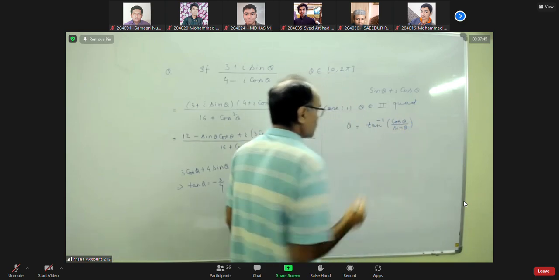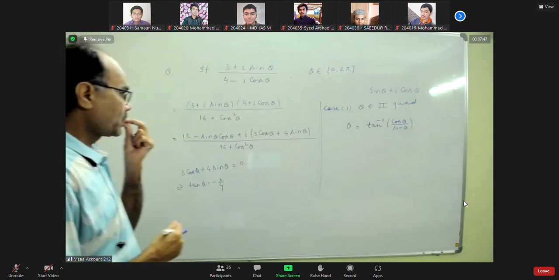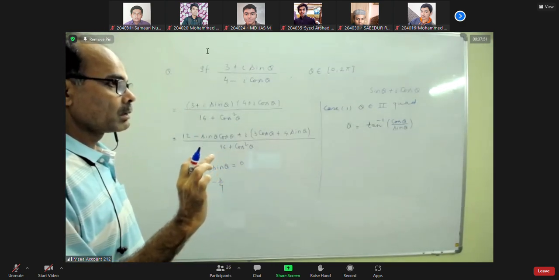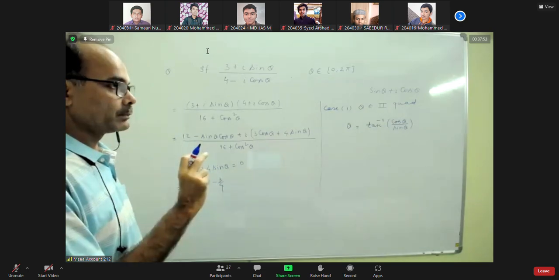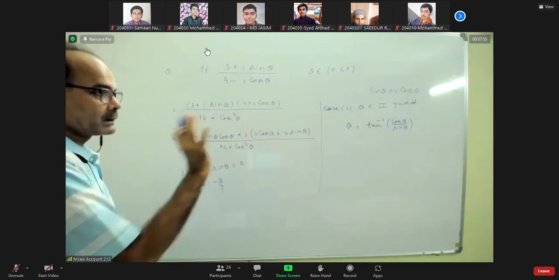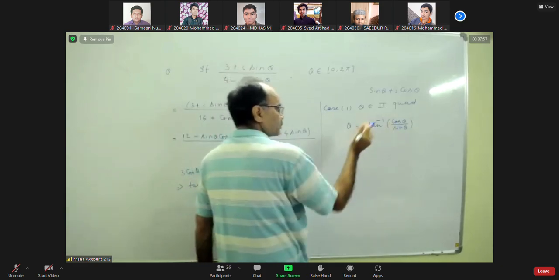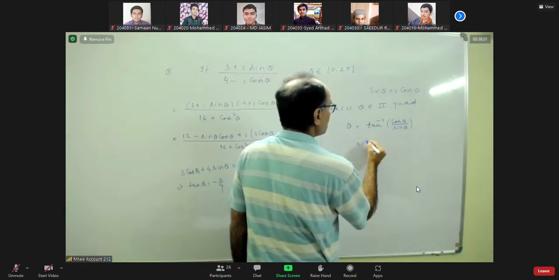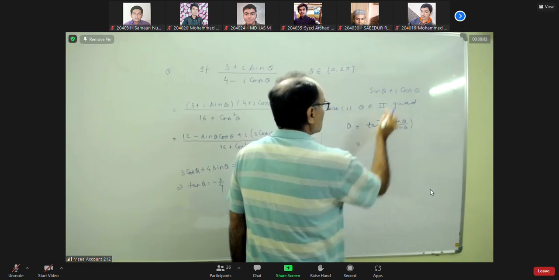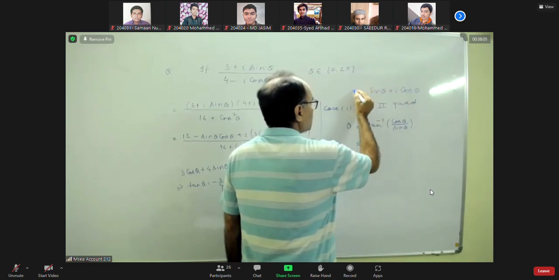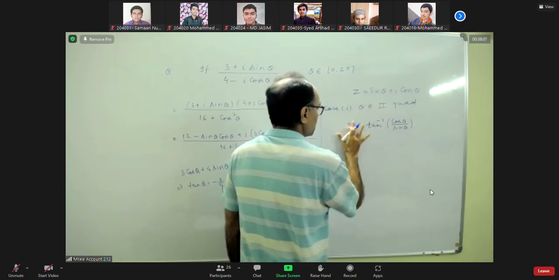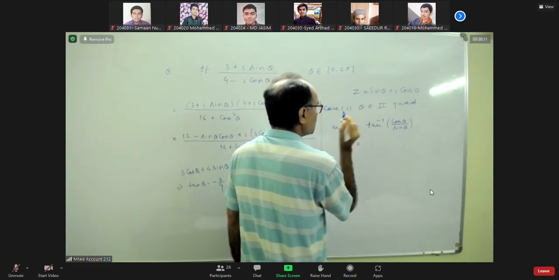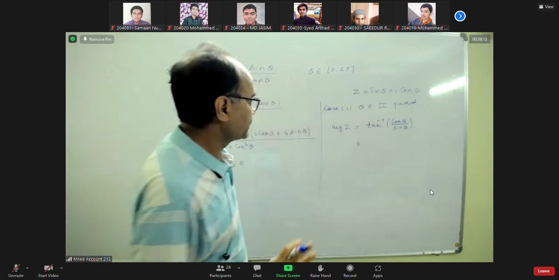If theta is in the second quadrant, b negative, a positive. So automatically it will give us the angle in the fourth quadrant. So here the argument of z equals this. Write argument of z so that there won't be any confusion.